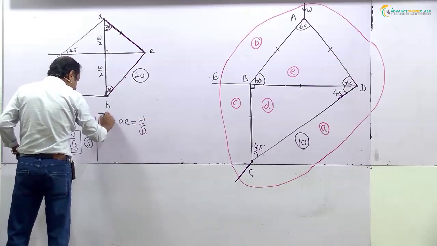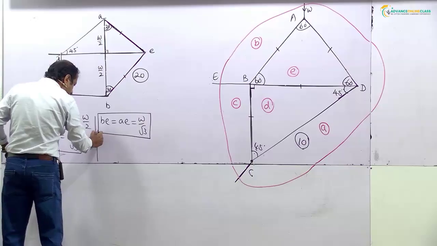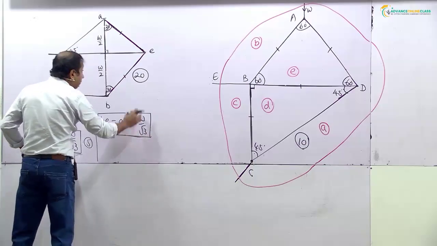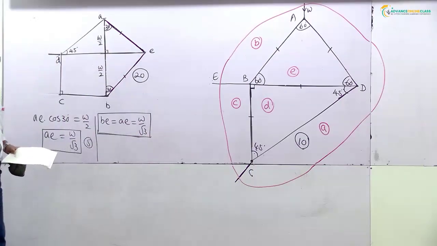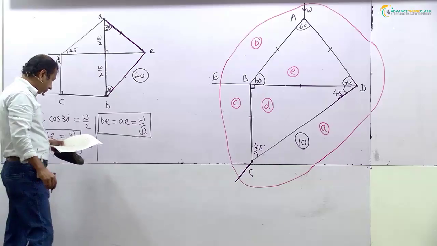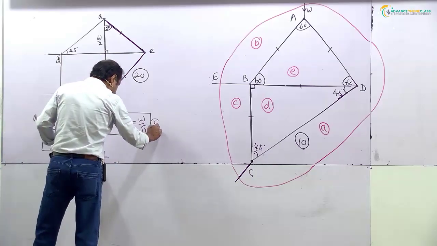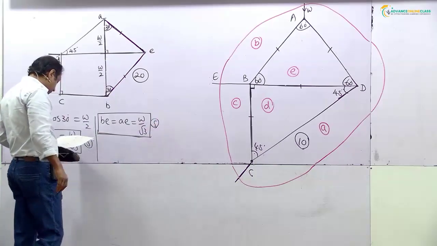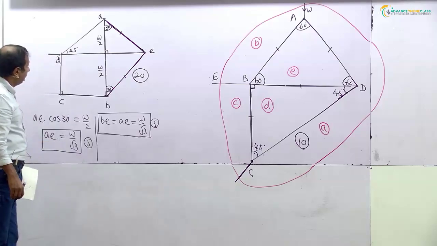Right. Here, in these two triangles, these two sides are equal. For this, another 5 marks. Next one.